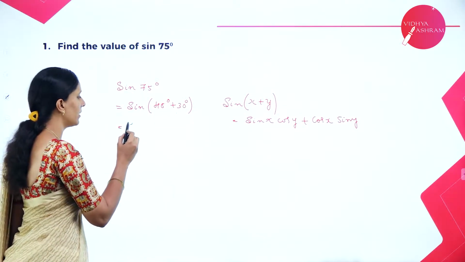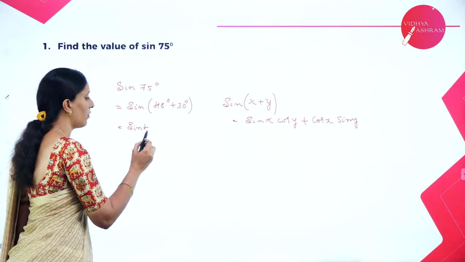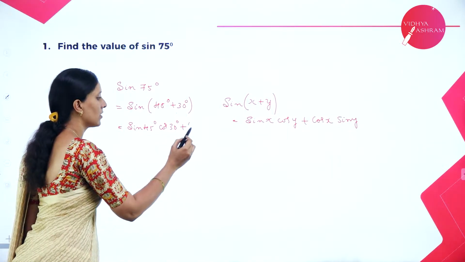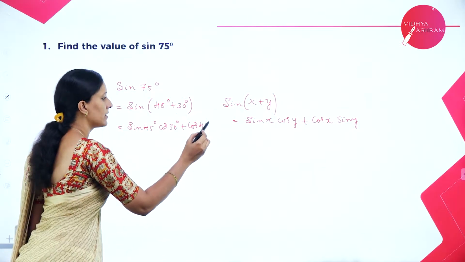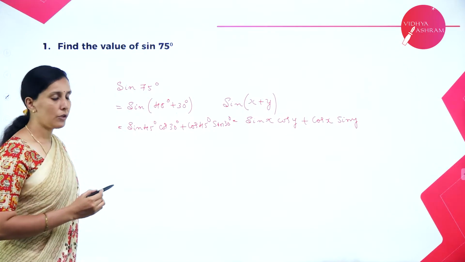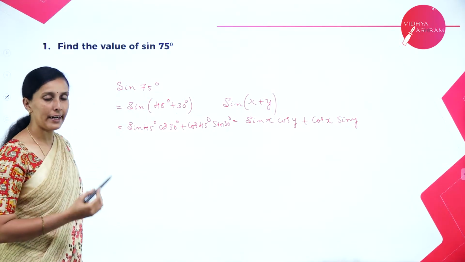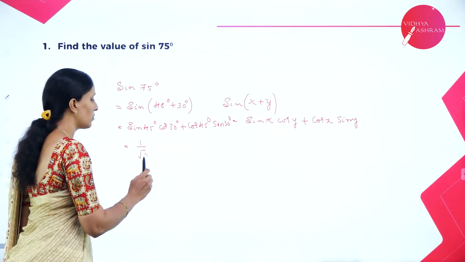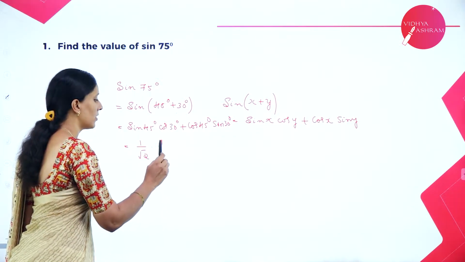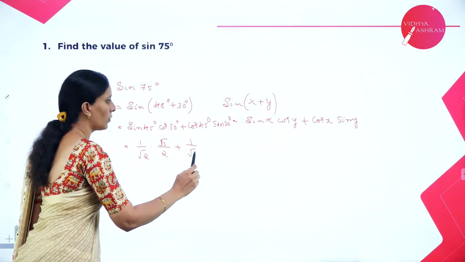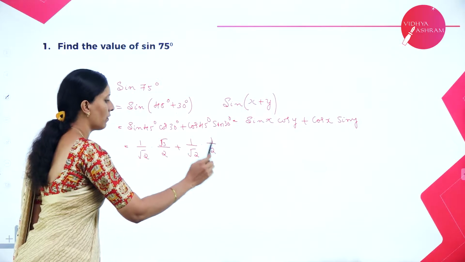So expanding this, we will get sine 45 degree cos 30 degree plus cos 45 degree sin 30 degree. We know the standard values of 45 degree and 30 degree in terms of sine and cos. That is sine 45 is 1 by root 2, cos 30 is root 3 by 2, cos 45 is 1 by root 2 and sin 30 is 1 by 2.